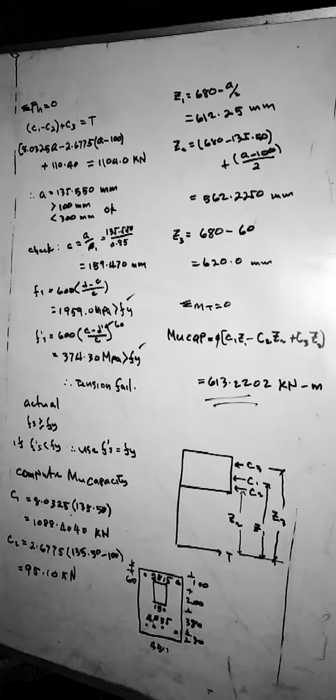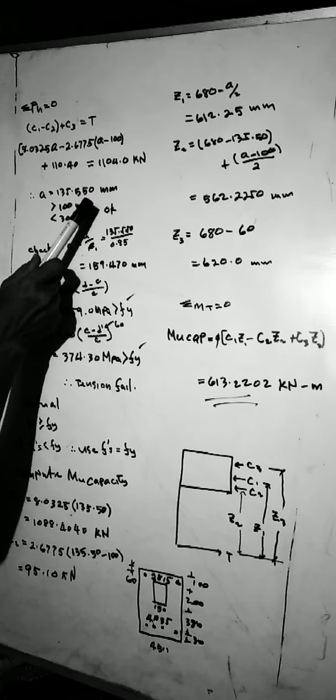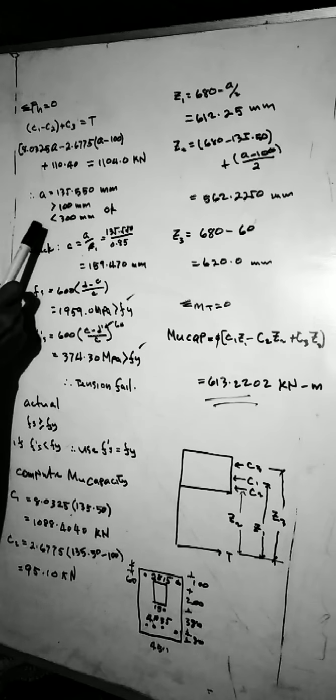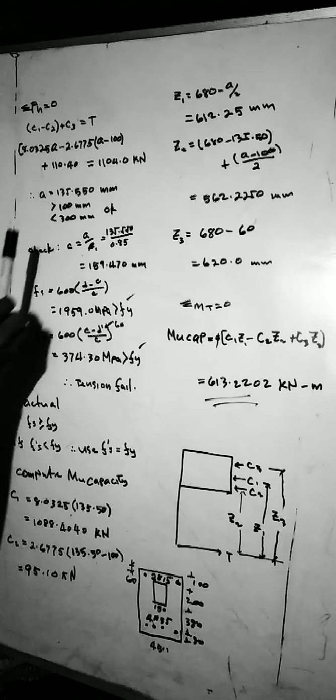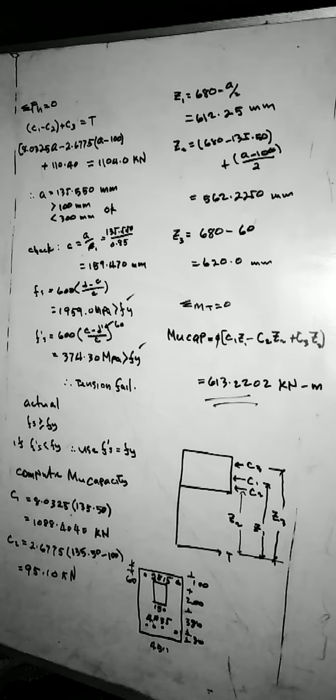That is the neutral axis. So our assumption is correct: a is 135, greater than 100 but less than 300.